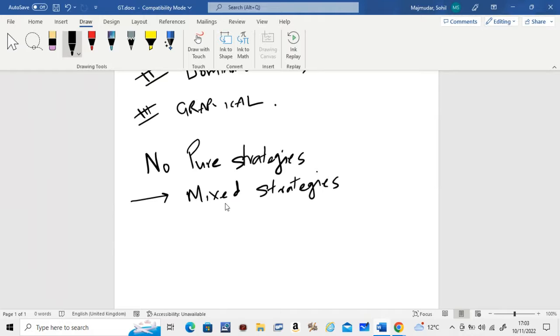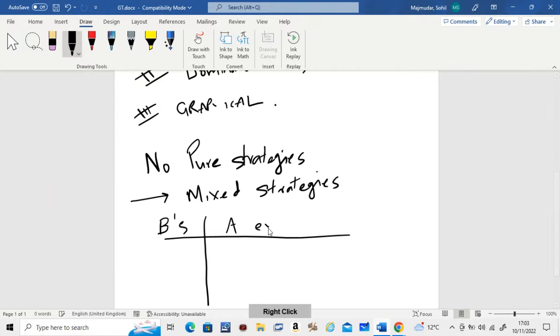So for that, what we need to do is make a table. Let's say it looks like this, and say these are B strategies, and these are A's expected strategies.